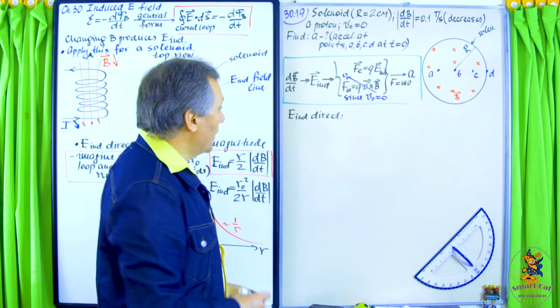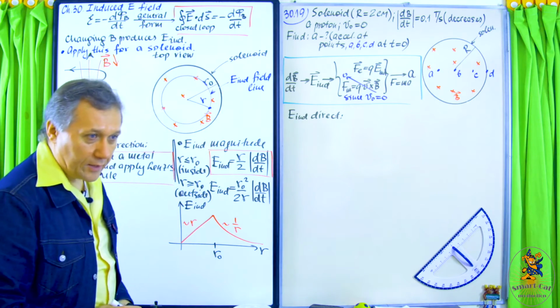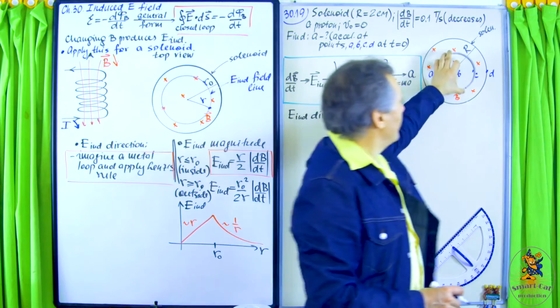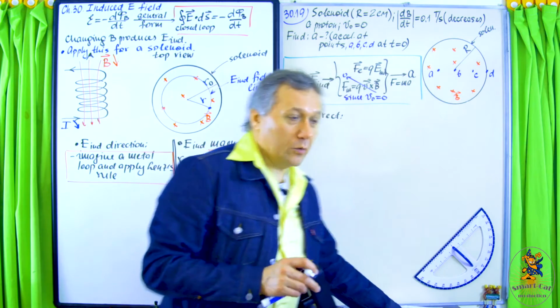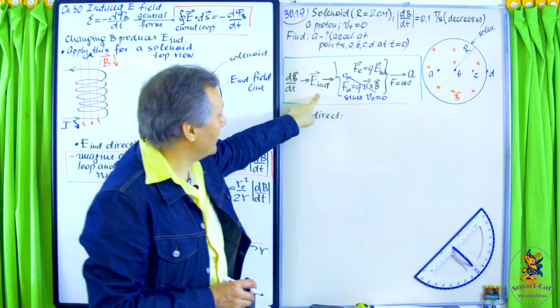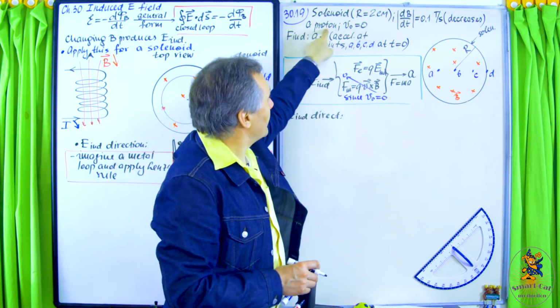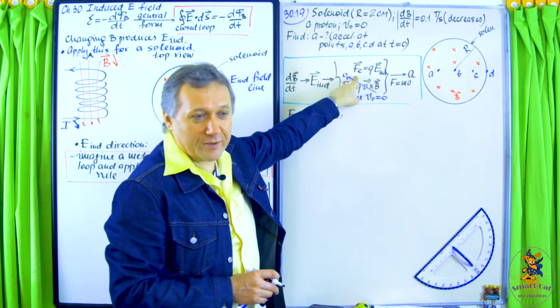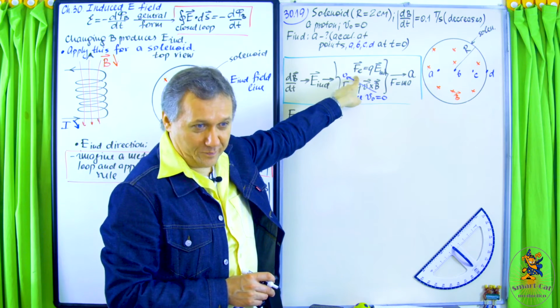Okay, so direction. You remember we need to imagine a conducting loop in order to find the direction. Also, once you know the direction of the induced electric field, since the charge is positive, it's a proton, the direction of the induced electric field gives us the direction of the electric force.